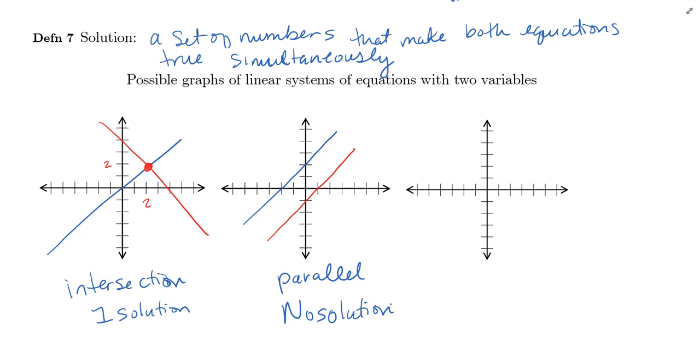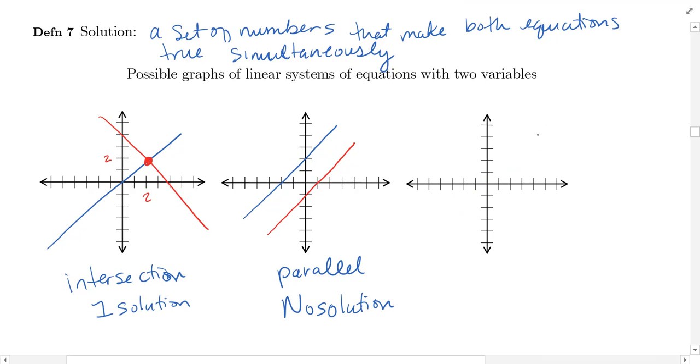The third case is if we actually have a line and then some other variation, but it's exactly the same line. And so in this case, we have identical lines. And in this case, we have infinite solutions.